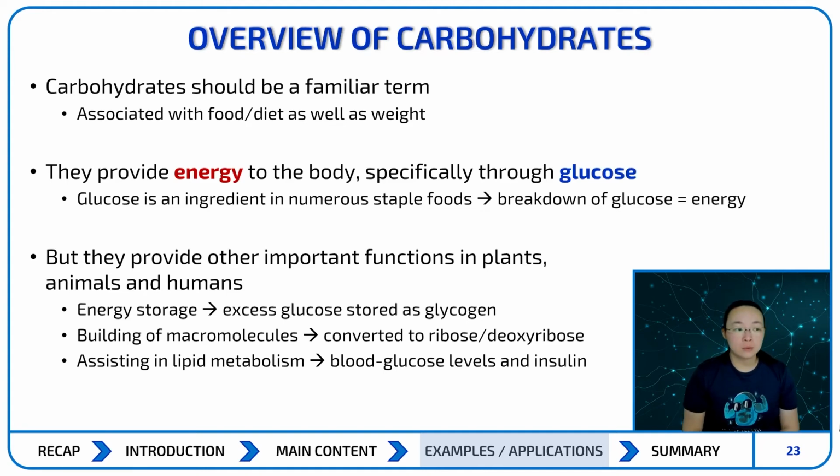What carbohydrates do is they provide energy to your body, specifically through glucose. And glucose is an ingredient in many staple foods. And so any starchy foods are going to have a lot of glucose or sugars. And when you break down sugars, it's going to give you energy.